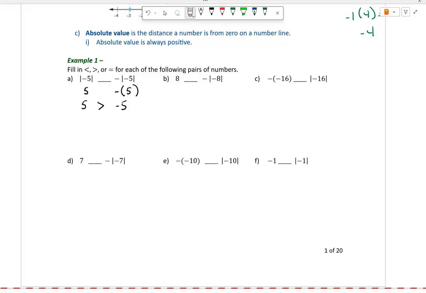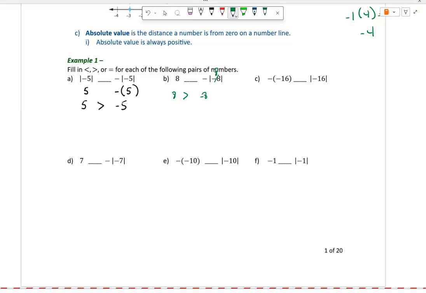So how about letter B? Is that greater than, less than, or equal to? How come? Because that's good. This is 8, right? So you have negative times 8. So you kind of have the same thing we had a while ago. How about C?